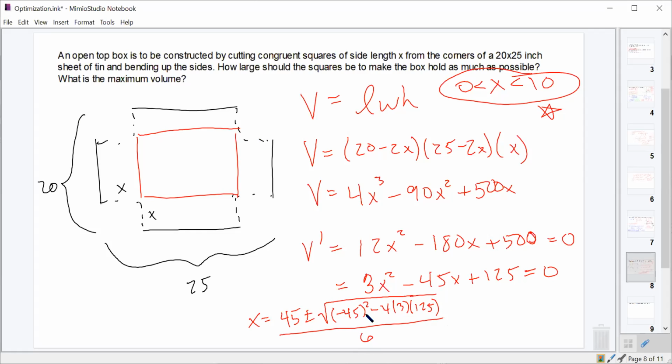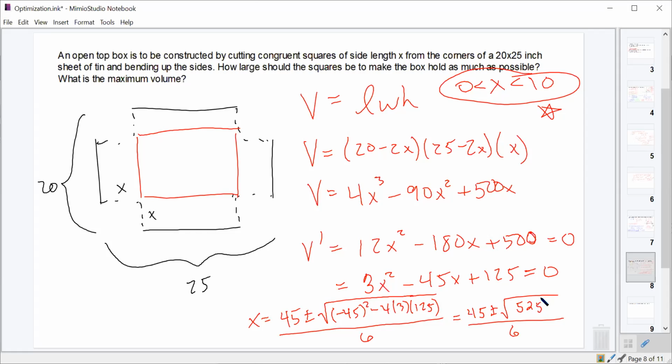And what does that give us? 45 plus or minus the square root of what over 6? 525.